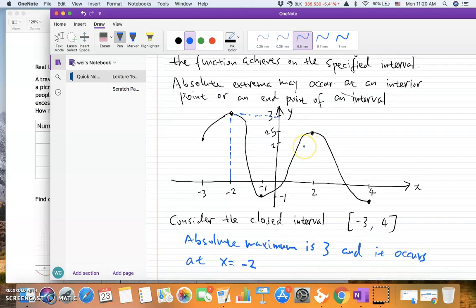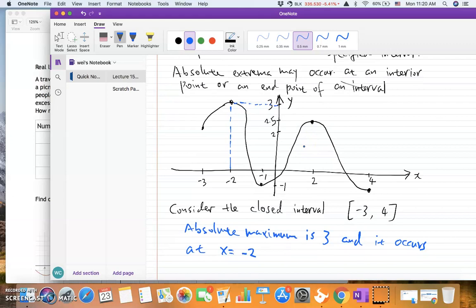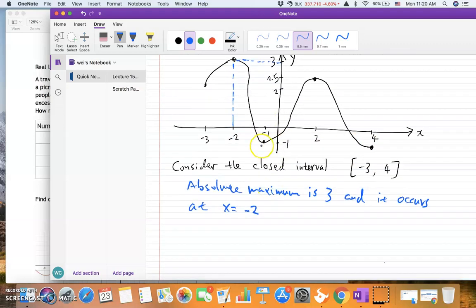And next, to find the absolute minimum, we should find where the graph has a lowest point. Here the graph has two lowest points, and these two lowest points have the same y value.